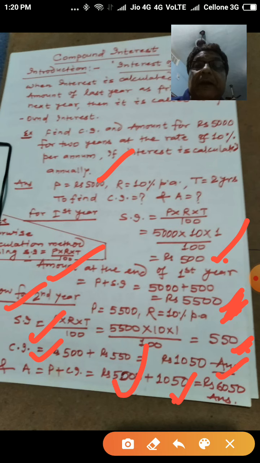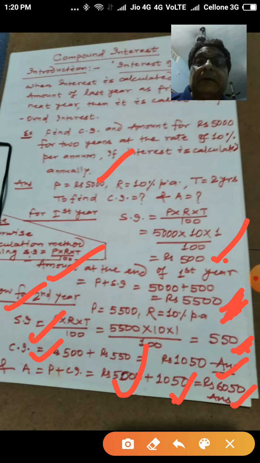So both we have to repay. So altogether it is rupees 6,050. So the amount is 6,050.